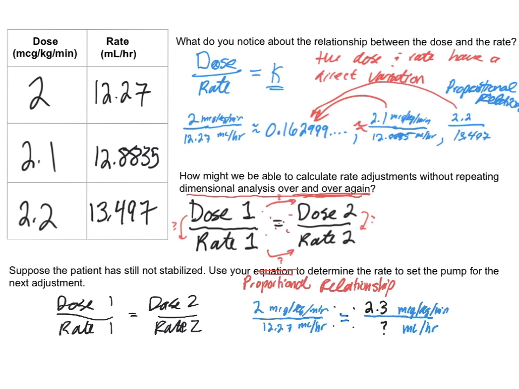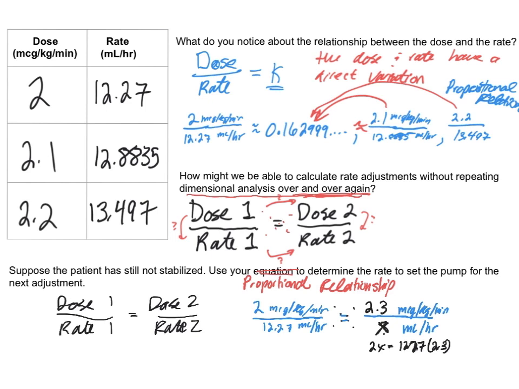So I'm going to cross multiply, and I'm going to use x as my variable. If I cross multiply, I get 2x equal to 12.27 times 2.3. I'm not going to put in the units when I'm running that equation. I don't want to complicate matters. I used the units in the proportion to help me align and keep track of where my unknown value was.